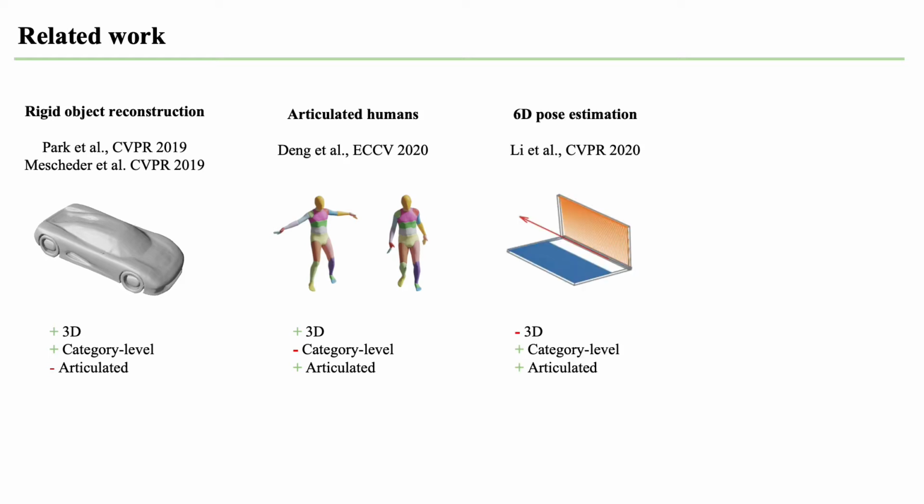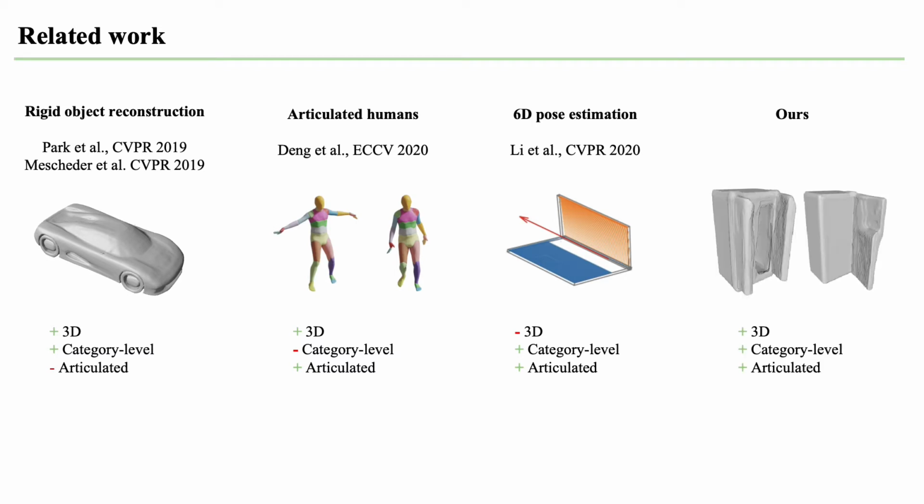To understand articulated objects, another line of works propose to train deep networks for estimating per-part poses of an object instance in a known category. However, if we want to interact with the articulated objects, a 3D understanding of its geometry is necessary. Our work tackles all these challenges jointly. Note that unlike modeling human bodies or human hands where joint skeletons are consistent, our method doesn't assume any predefined joint locations and skeletons.